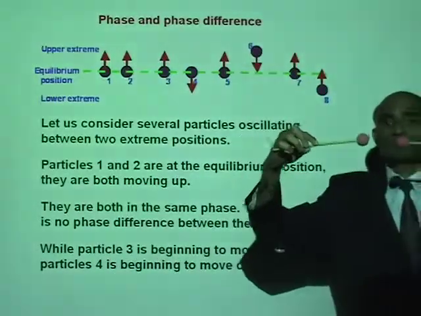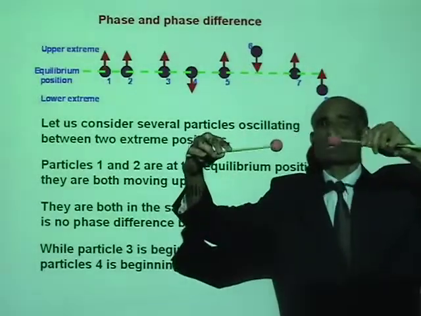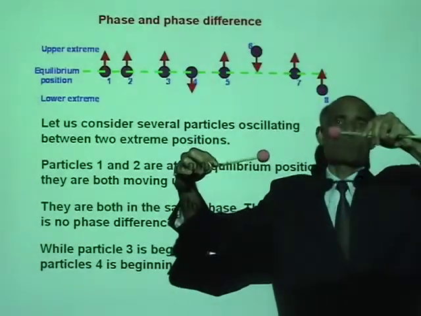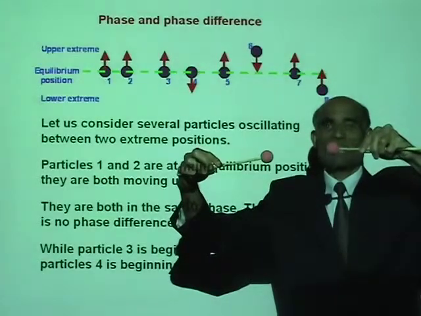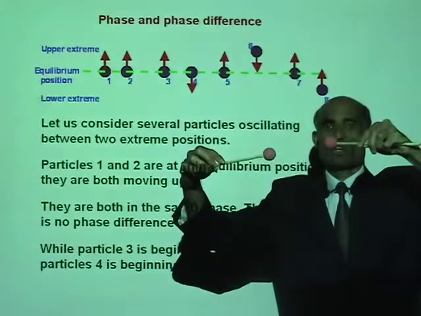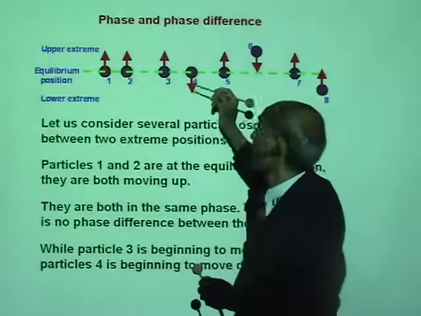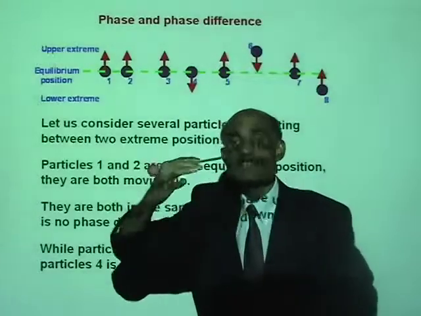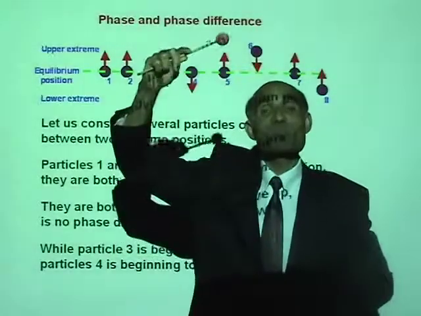What happened is, the particle in my left hand has actually completed half a vibration when the particle on the right begins to vibrate. Or we say this particle is ahead. Particle 4 is ahead of particle 3 by half of a period.